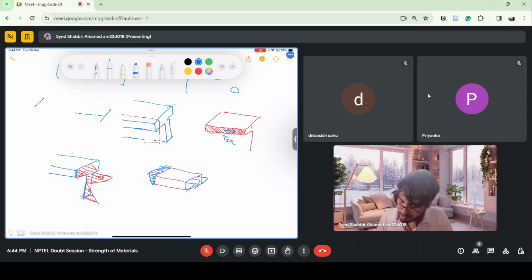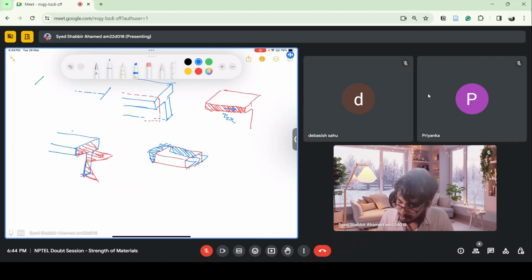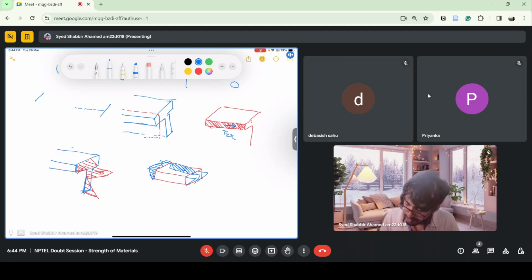That's why there should be something resisting this. That's why we have the shear force. I don't know if my diagrams are making sense or not.